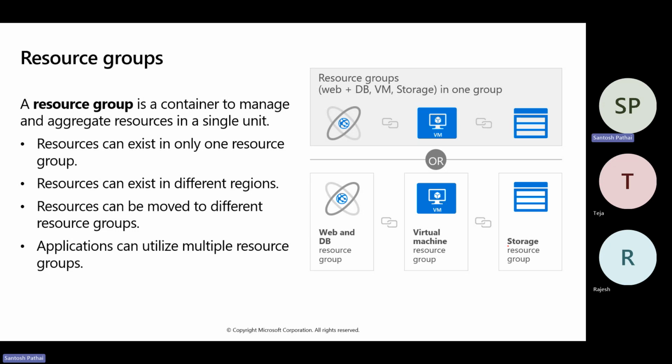It doesn't have any restriction of the location or the region. Resources can be moved from one resource group to another resource group, and applications can utilize multiple resource groups at a single point of time. So let's say I have an application that can utilize multiple resource groups at a single point of time.